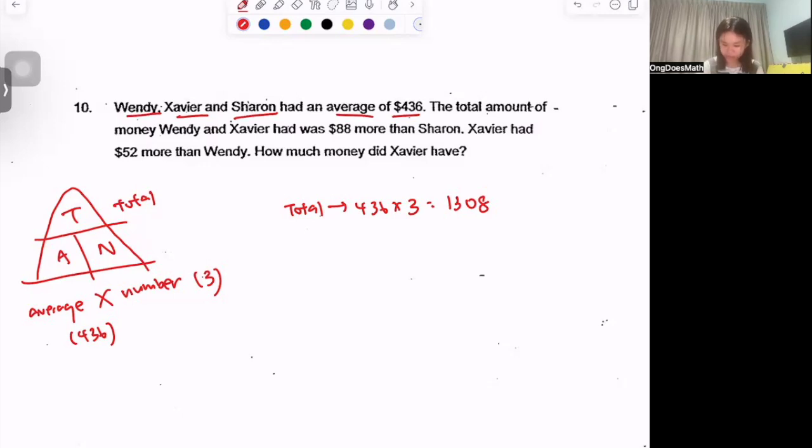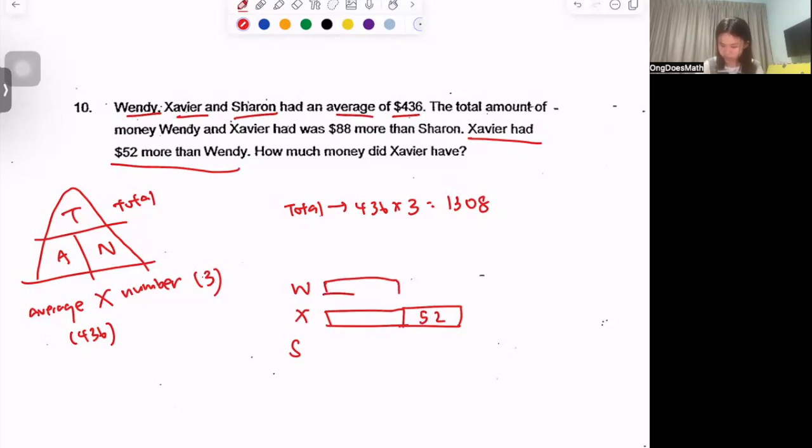We know that Xavier had $52 more than Wendy. So 3 characters. Xavier has 52 more than Wendy. We also know that the 3 of them have 1308 altogether. Okay, now we are also given that the total amount of money that Wendy and Xavier had was 88 more than Sharon.